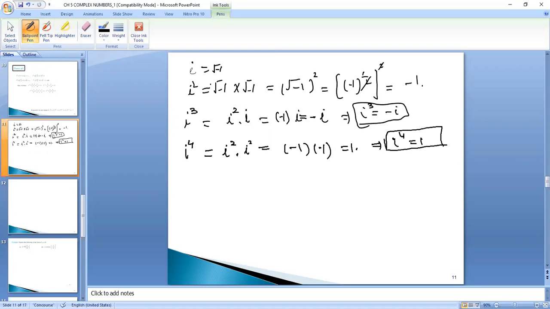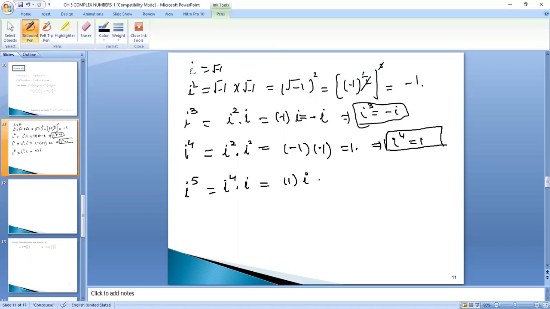So iota is root of -1, iota square is -1, iota cube is minus iota, iota power 4 is equal to 1. These powers you have to keep in mind so that we will be able to solve any power. Iota power 5, iota power 4 into iota. Iota power 4, you know it is 1.